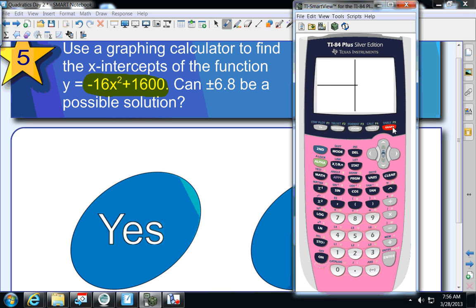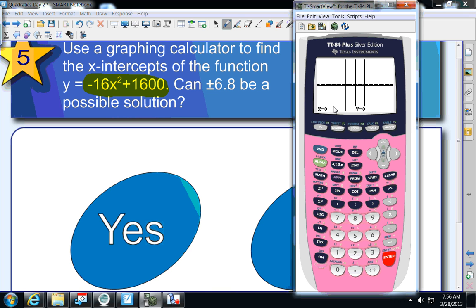So right now, when I see this, I don't see anything in here because it says, can 6.8 be a possible solution? If I go over here to positive 6.8, is it crossing between 6 and 7? No. So this cannot be a possible solution. If I zoom out, I wonder if I'll see it yet. Okay, I do see it.